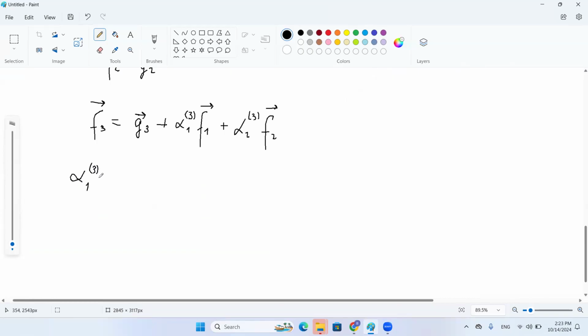So it equals minus. So for alpha 1, be careful, f1 multiplied by g3. So we need to multiply each by the g3 and divide it by the scalar product of f1 by itself.